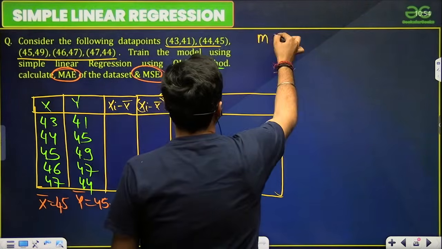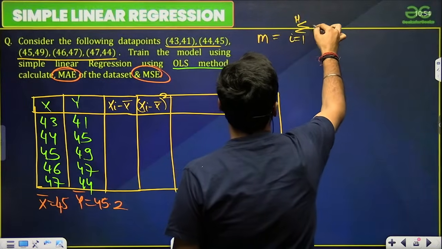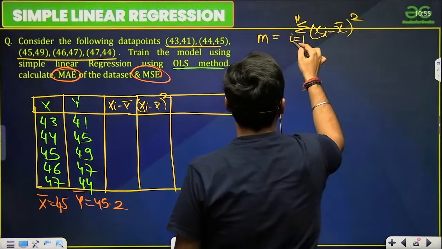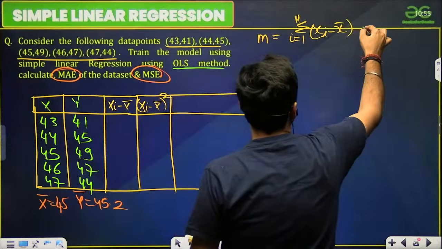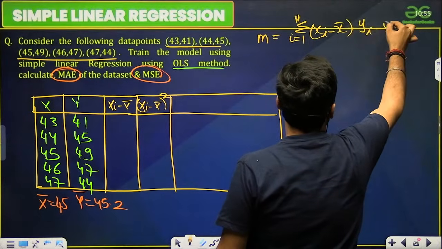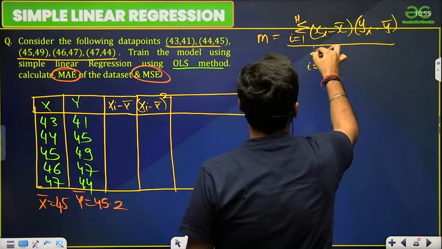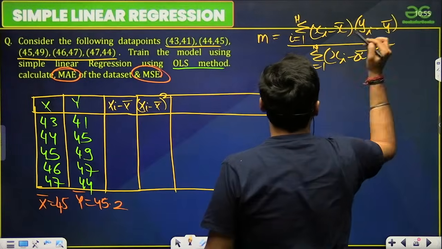What is the value of m here? M is summation of i equals 1 to n of xi minus x bar into yi minus y bar, upon summation of i equals 1 to n of xi minus x bar whole square.